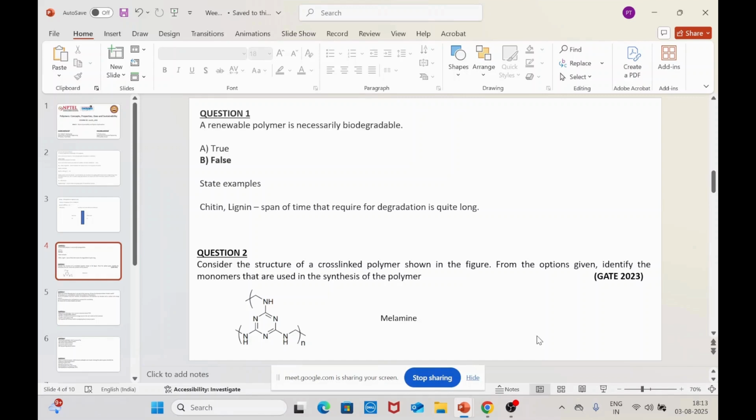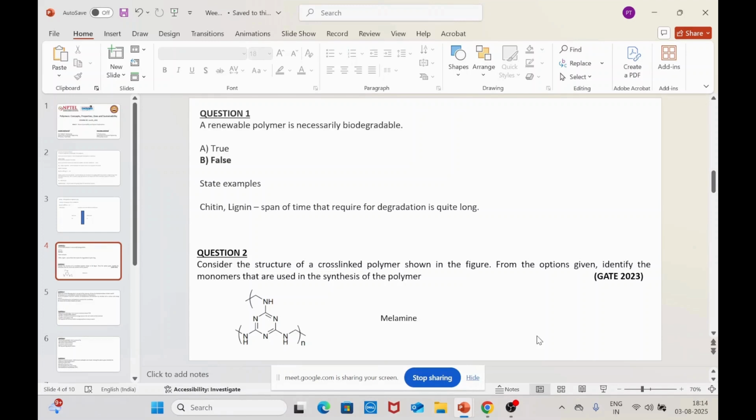One is melamine. As somebody said, you have a heterocyclic ring with three nitrogen atoms, and the other three positions are connected to NH. So that is melamine.